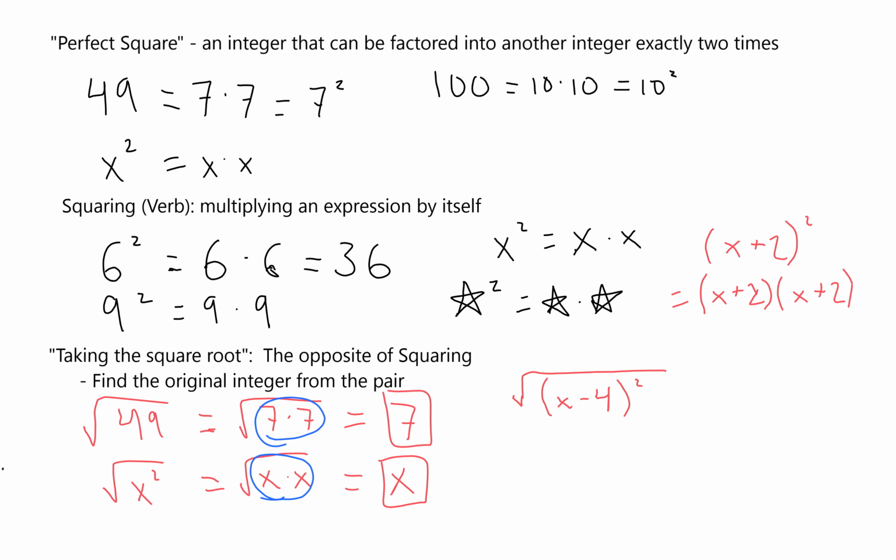Well, that is equal to the square root of x minus 4 times another x minus 4. And since we found a pair of x minus 4s, we can conclude that the square root of x minus 4 squared gets us back to our original x minus 4.